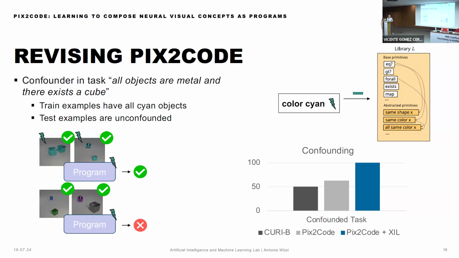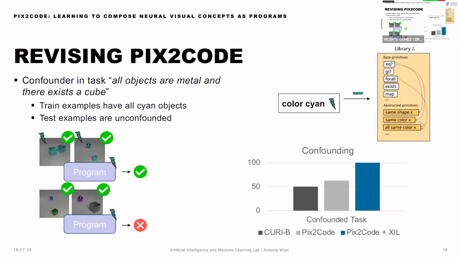But in the training examples of this concept, we implemented a confounder. So all objects of that concept also have the color cyan. So this color is kind of a shortcut with which you can learn the concept. And this is exactly what happened here, where we have examples of the concept. So the objects are metal and there exists a cube, but also the objects are all cyan.